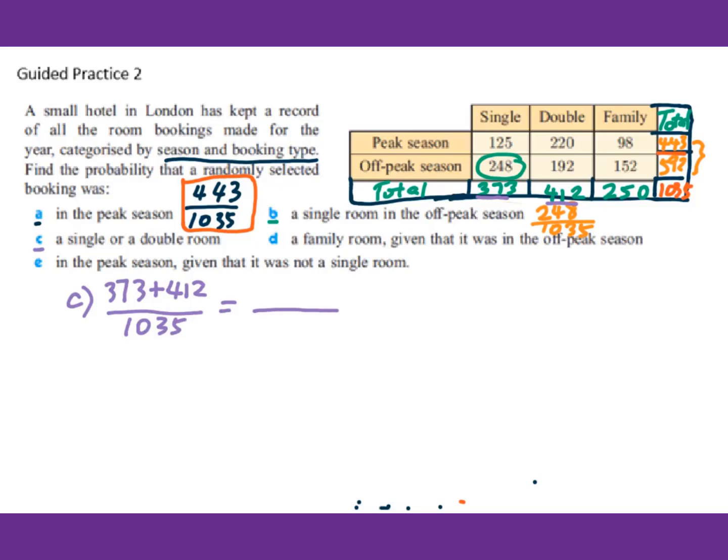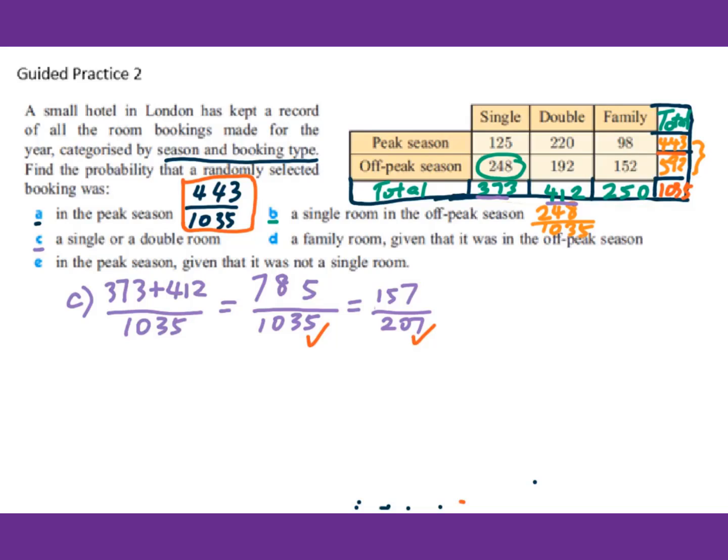This will be 785 over 1035. For probability, you don't have to reduce. You can keep it as it is, or you can reduce. It's really up to you. You don't have to reduce when we deal with probability.